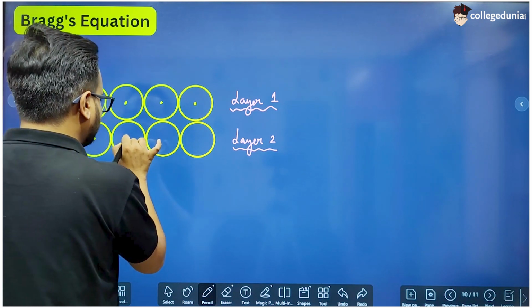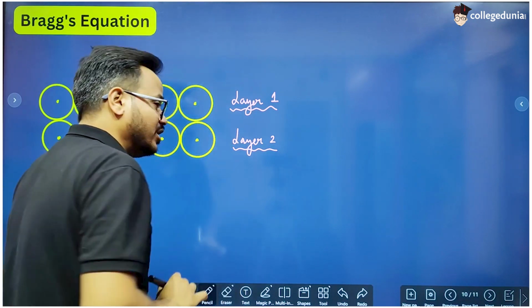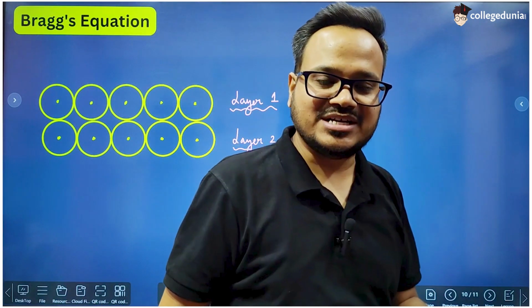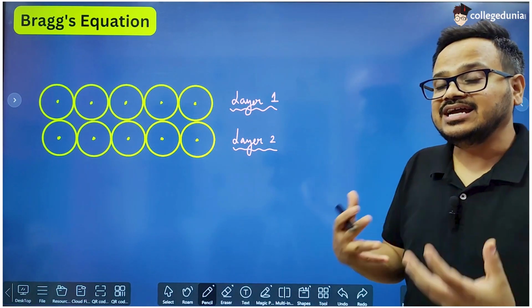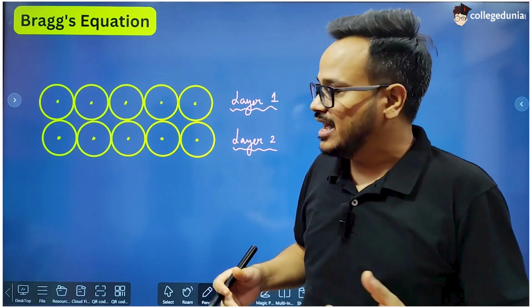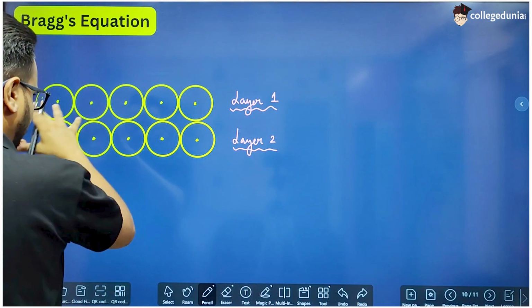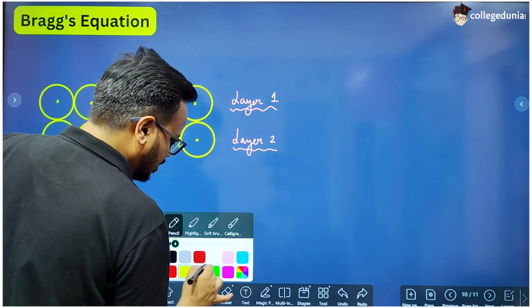Now, since these atoms and molecules are very small, it is obviously not possible to measure their diameter or radii directly. So we should have an indirect method to measure the diameter or the radii of these atoms or molecules.